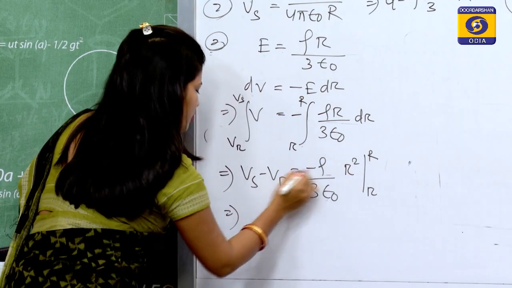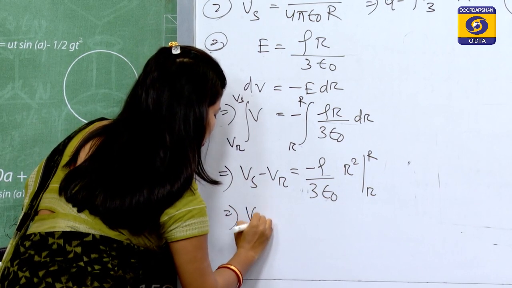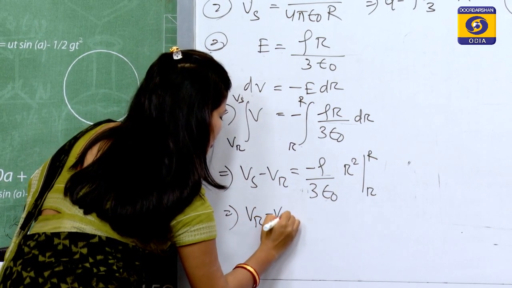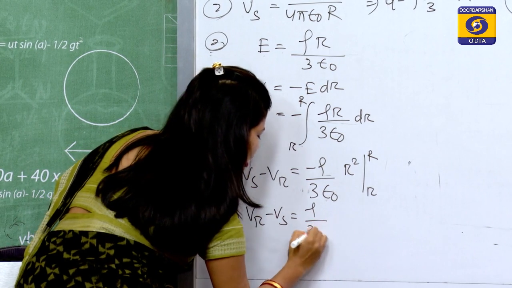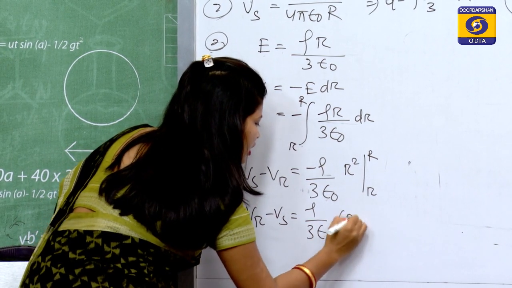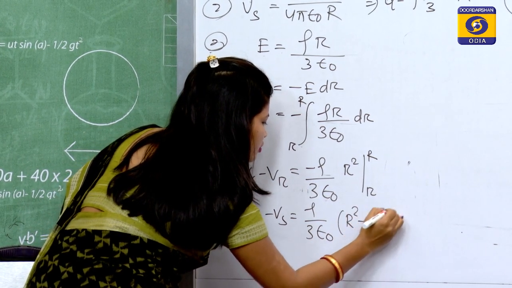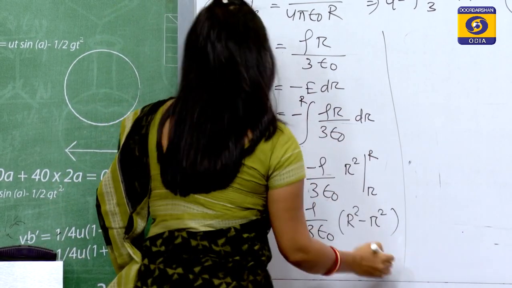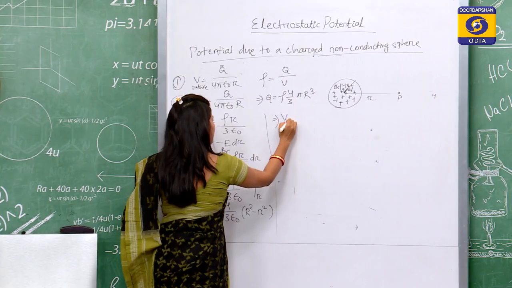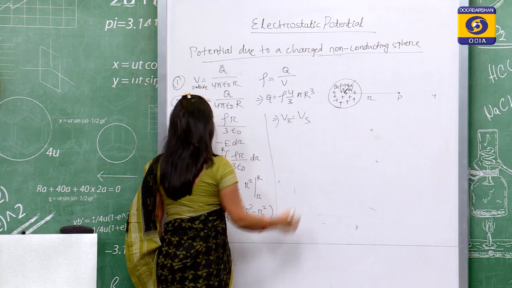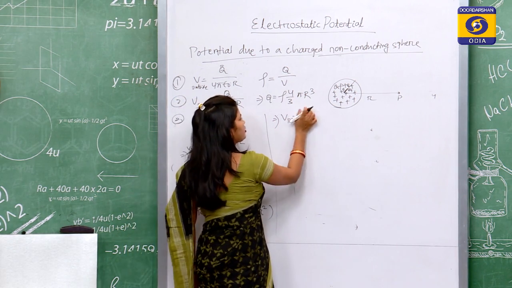So, taking the minus, Vr minus Vs is equal to rho upon 3 epsilon naught times capital R square minus small r square, over 2. So, Vr is equal to Vs plus that, then what is Vs?